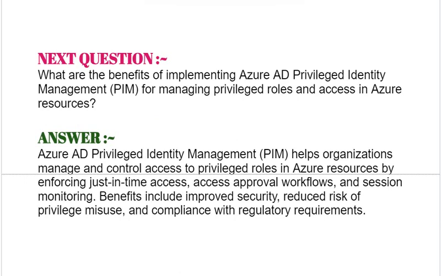Your answer should be Azure AD Privileged Identity Management (PIM) helps organizations manage and control access to privileged roles in Azure resources by enforcing just-in-time access, access approval workflows, and session monitoring. Benefits include improved security, reduced risk of privilege misuse, and compliance with regulatory requirements.